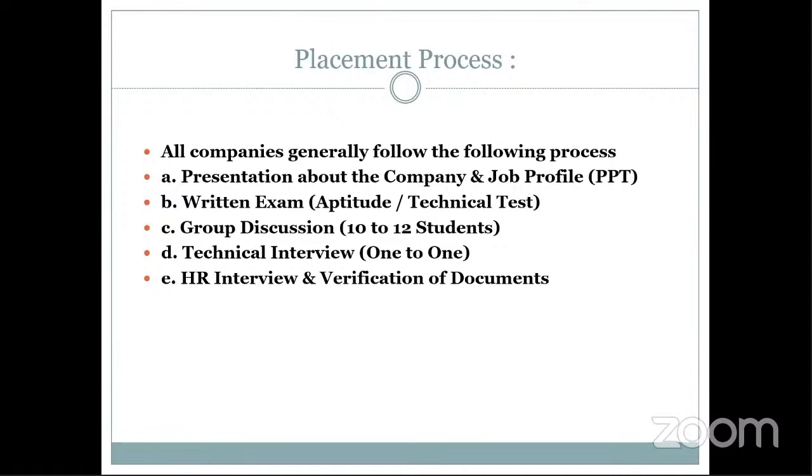Initially, there is a pre-placement talk, where the HRs who are coming in for a placement drive usually give us a brief idea about their company. What is the job profile, how we treat our employees, we organize social work, blood donation camps, there are gifts.